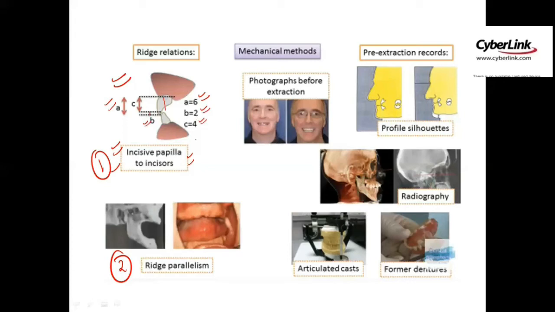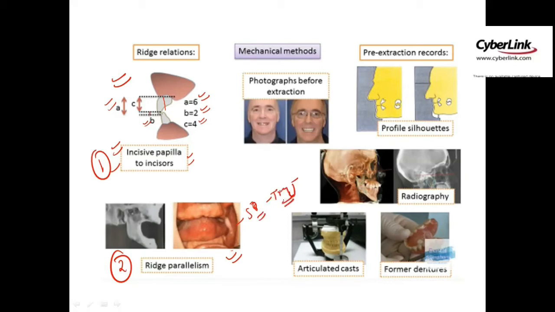Very easy to use. Ridge parallelism. The mandible is parallel to maxilla only at occlusion. The mandible of the patient is adjusted to be parallel to the maxilla. The position is associated with 5-degree opening of the jaw in the TMJ, right?